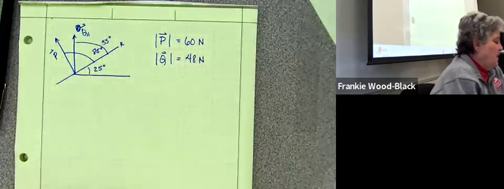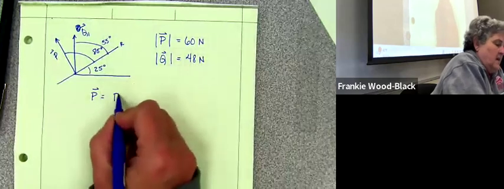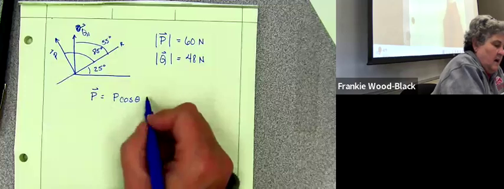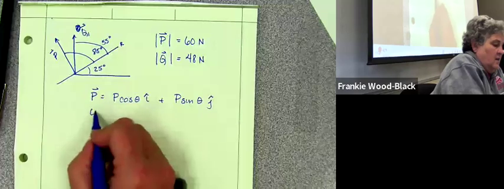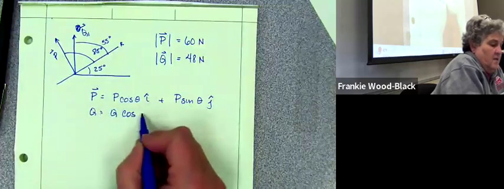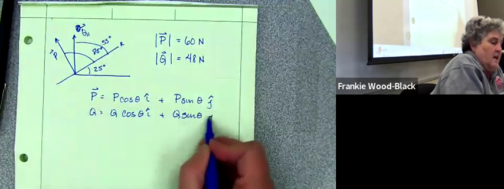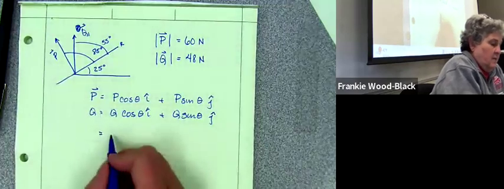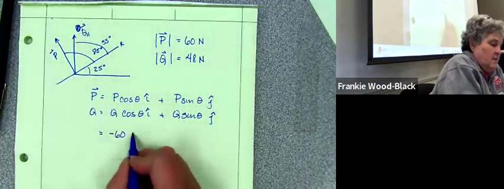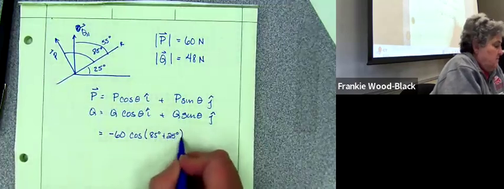So now you've got tools to do it all over the place. But when you're dealing with two vectors like this, it's just as easy to say that P is equal to P cosine of my angle in the I direction plus P sine of my angle in the J direction, and likewise for Q. I just have to figure out my angles, but that's easy enough because P is going to be negative 60 cosine of 85 degrees plus 25 degrees.